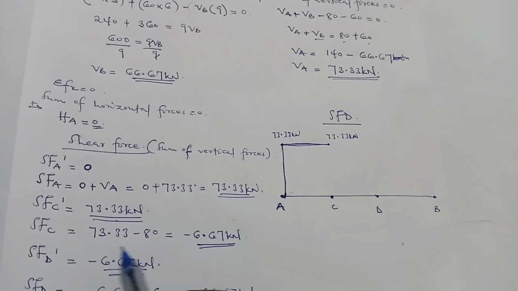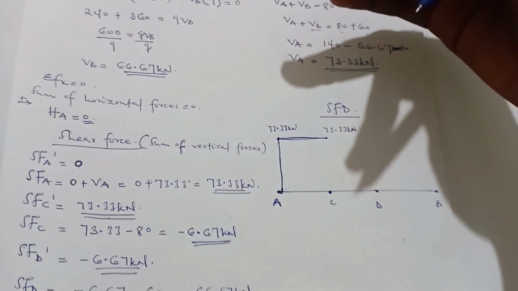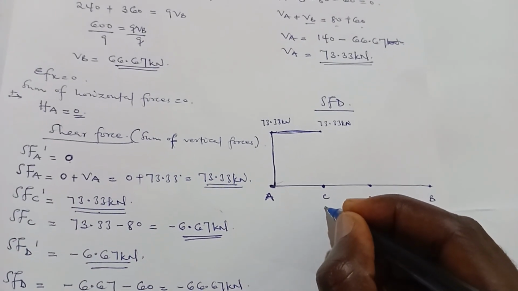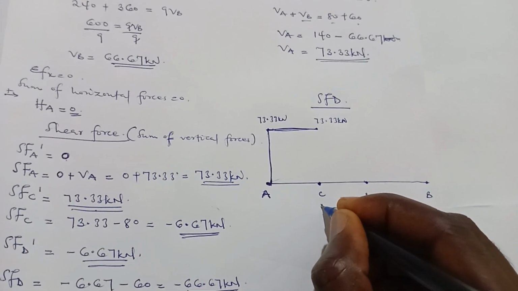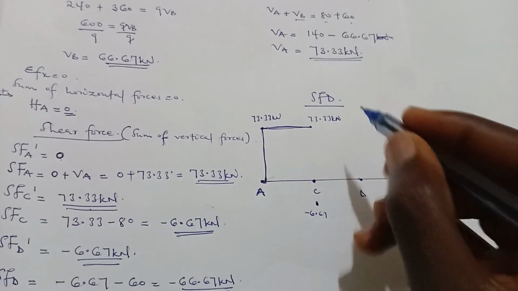Now the shear force at C, negative 6.67. The top is positive and down is negative. So negative 6.67 will be somewhere here.